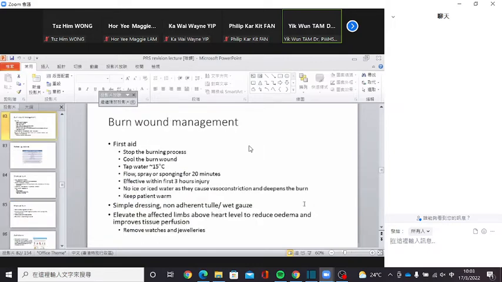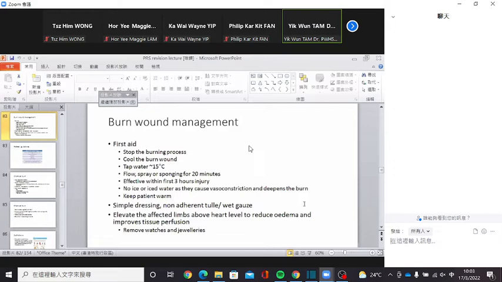So for the burn wound management, how do we address the burn wound? If your patient presents to you within the first 3 hours of their injury and they have not had any first aid, you can consider performing first aid for them, running the burn wound under tap water. It helps to stop the burning process.